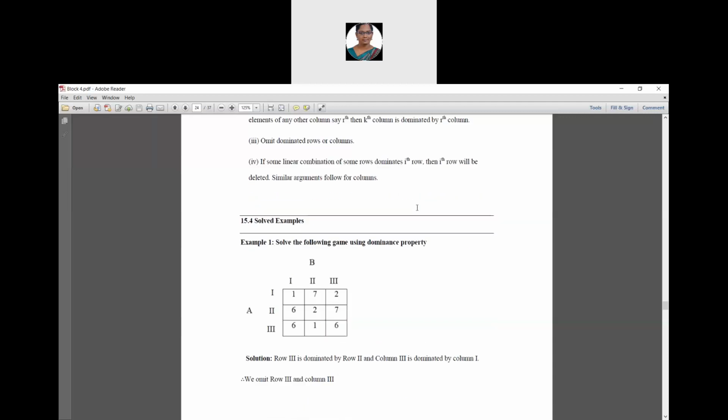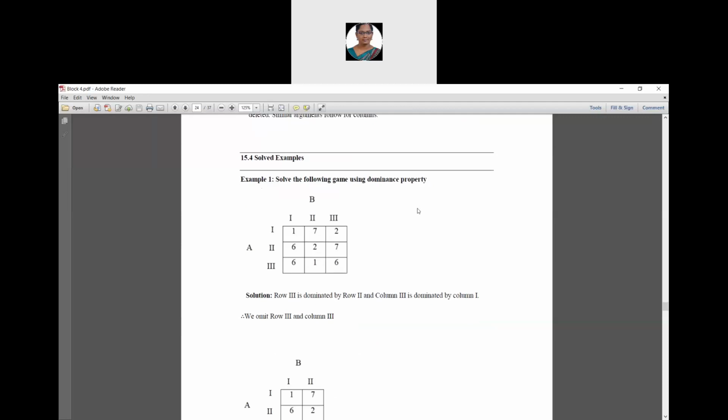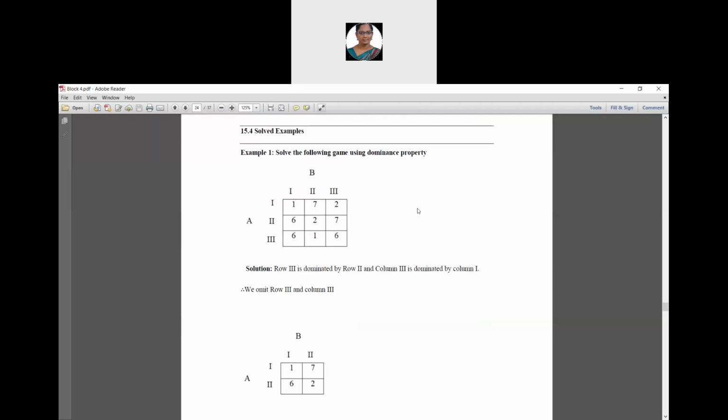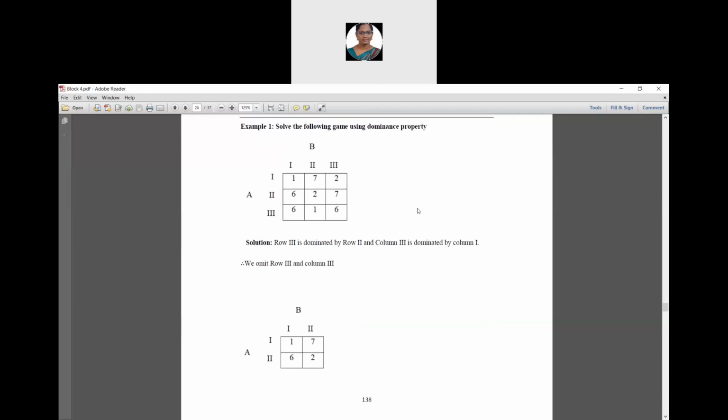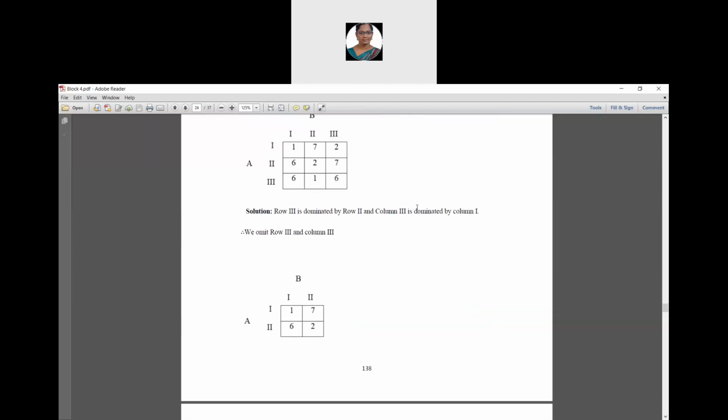Let's see solved examples. Example number 1. Solve the following game using dominance property. They have given a 3 by 3 matrix. Here we have to compare the first row and second row. All the smallest elements should be there in the first row.